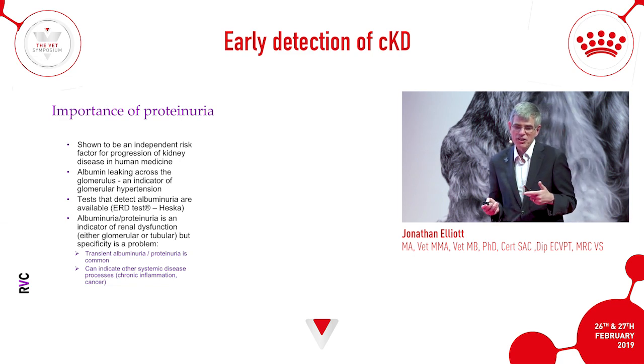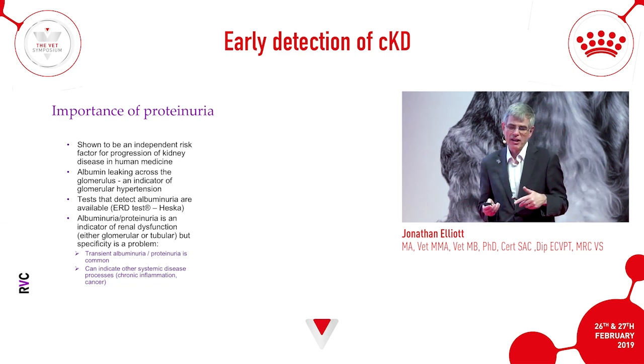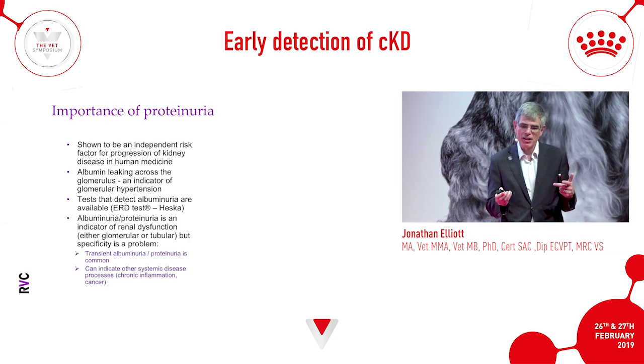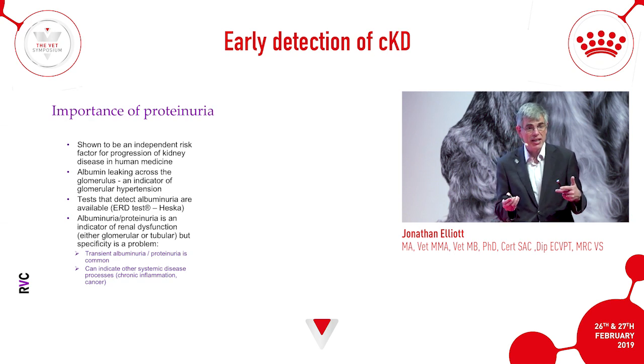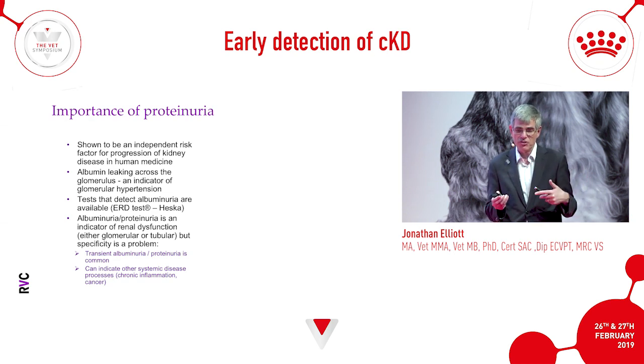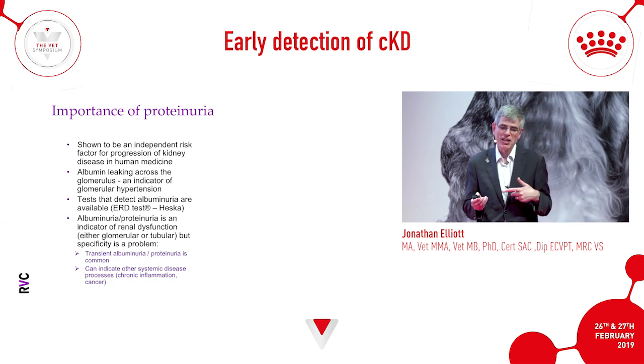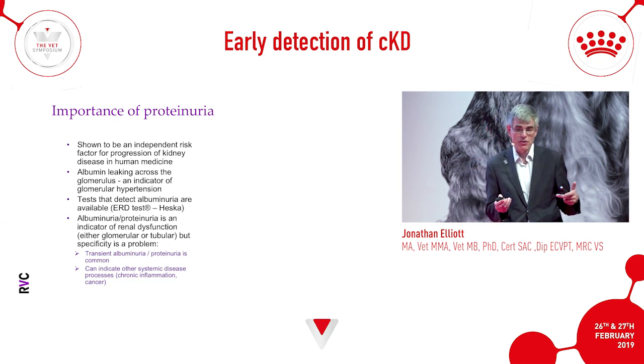Proteinuria is important because in human medicine it is an independent risk factor for kidney disease. Albumin leaking across the glomerulus is potentially an indicator that that hyperfiltration process is occurring. Tests that detect albuminuria are available, although they haven't had a very good track record because of their lack of specificity.